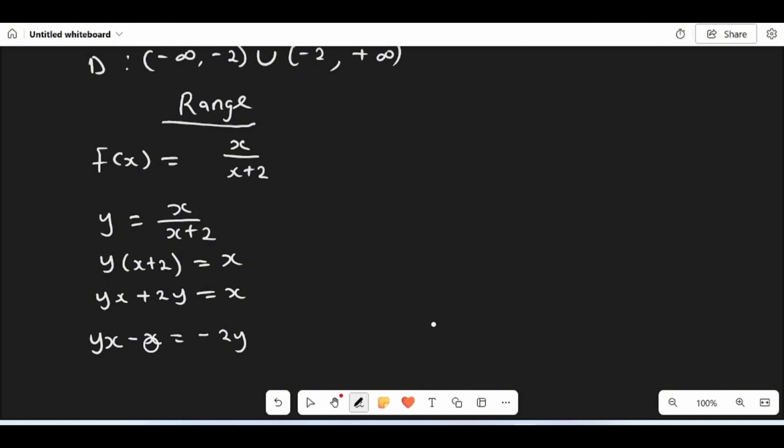Let us factor the left hand side. We are going to have x(y minus 1) equal to minus 2y. Divide both sides by y minus 1. x equal to minus 2y all over y minus 1.